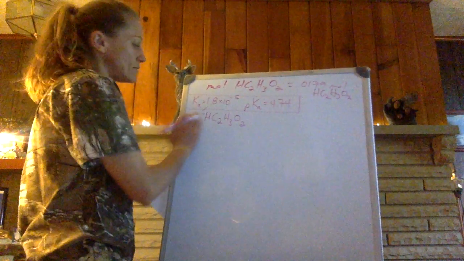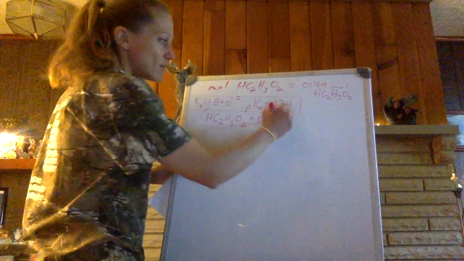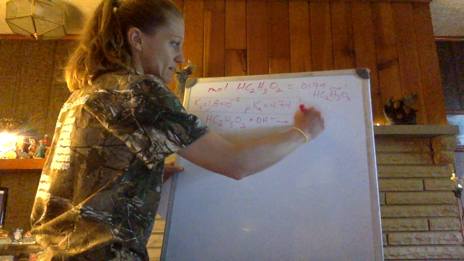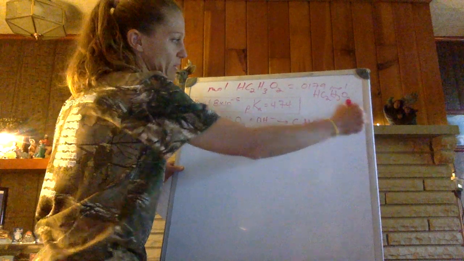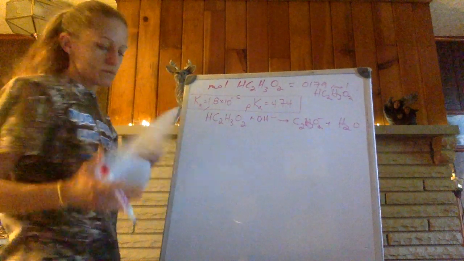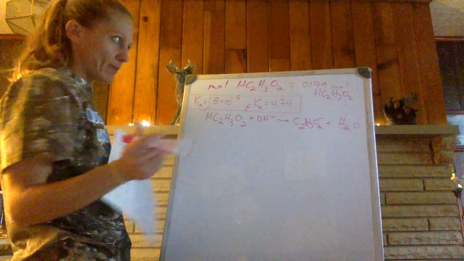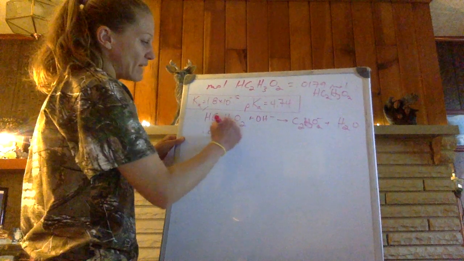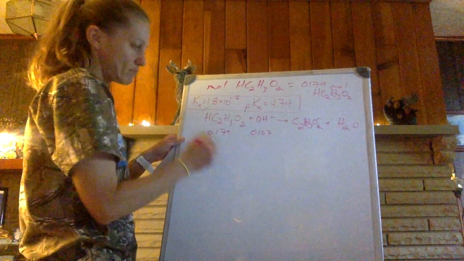Let's do the next one. We're going to add some amount of OH, and it's going to take that proton, making C2H3O2 minus, and it's going to make some water that we don't care about. So we're going to ignore the water. Well, we started off with 0.0179 moles here, and we added 0.0107 moles here.